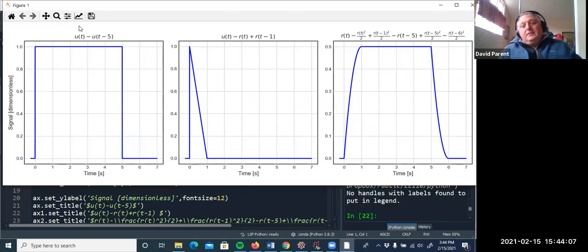Now what this is, I have a step minus a step that's delayed. So I have a rectangle, but here's the same triangle function. Here's the convolution, and notice it starts at 0, kind of linear, and then it rolls off. And then stops rolling off at 1/2, and then it's constant.